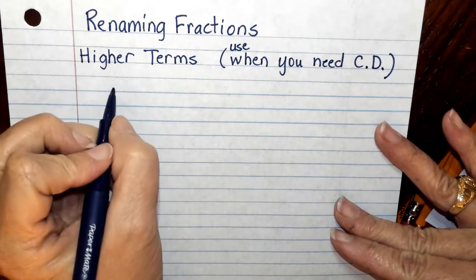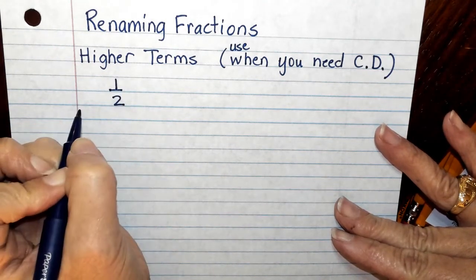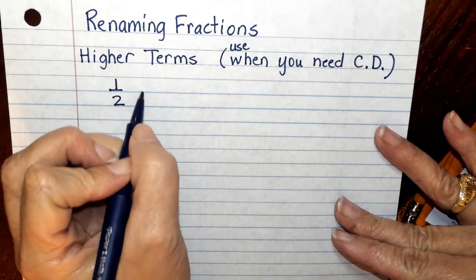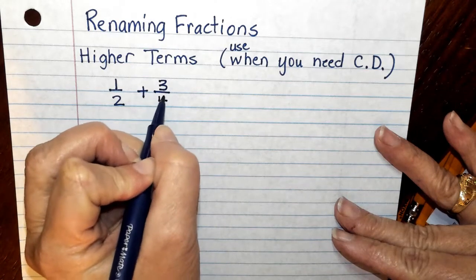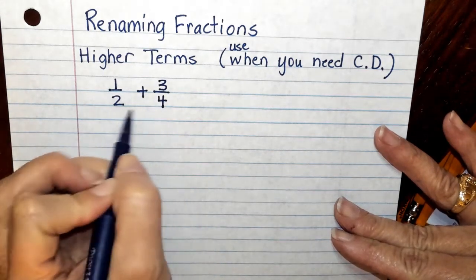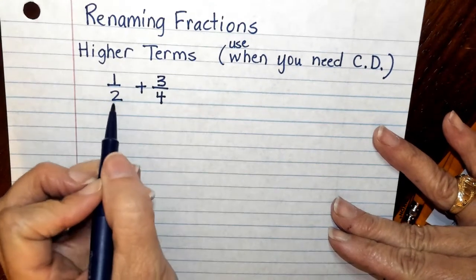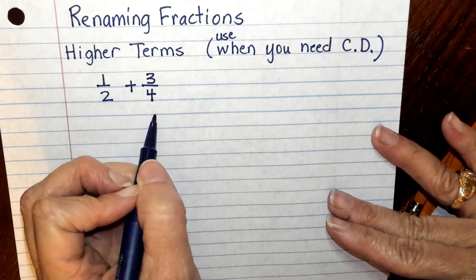And so if I had a fraction, let's say that was 1/2, and we wanted to think about putting that with a fraction like 3/4, we don't have common denominators here. So we would want to rename one of our fractions so that we have common denominators.